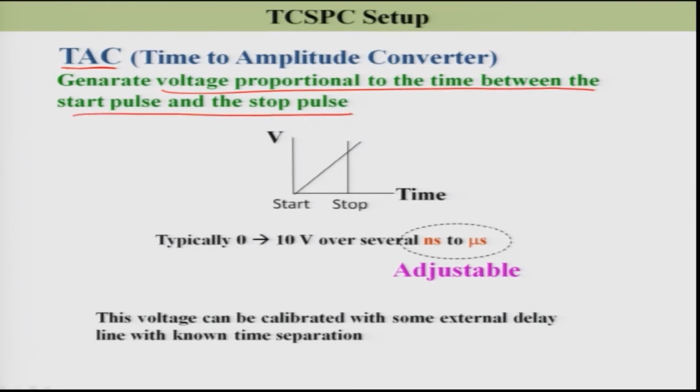When a start pulse comes, the voltage keeps being generated, it keeps charging, and once there is a stop, it measures this voltage. There is a calibration of how much voltage can be generated with how much time. Typically 0 to 10 volts can be generated over a several nanosecond to microsecond time region. So I can divide that and get how much time per millivolt, and that will be used for the measurement of time, like a stopwatch.